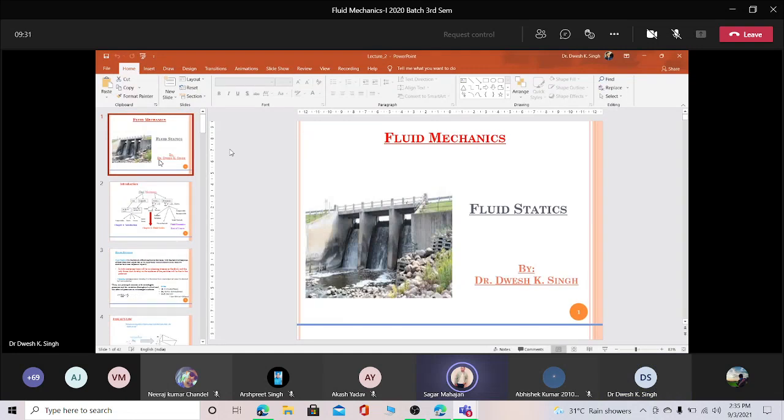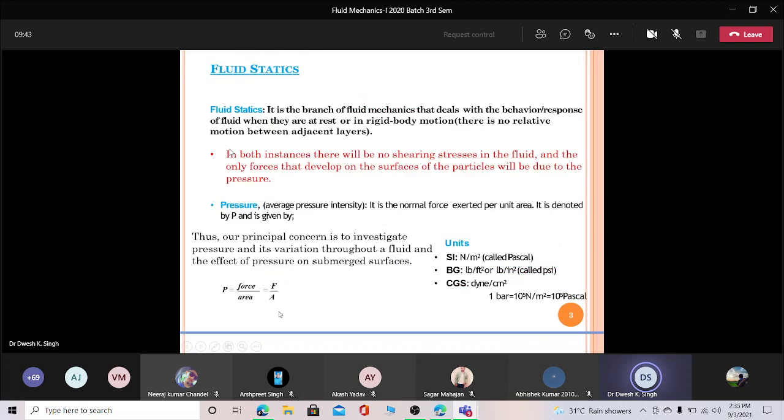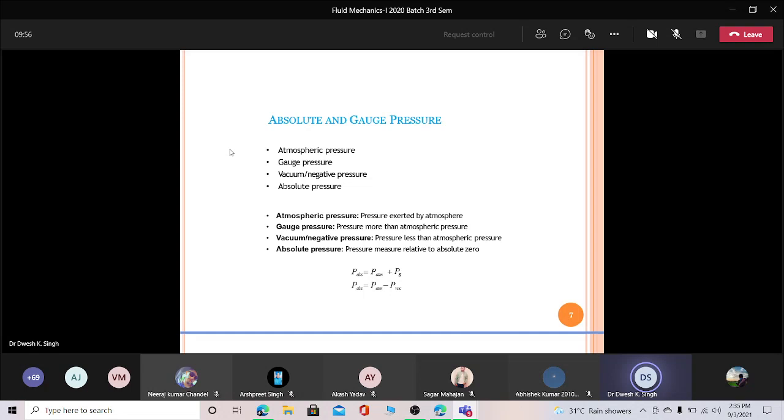Hydrostatic law. Yes. And so far in this, we have completed the basic concepts of fluid statics, and also we have discussed Pascal's law in the last lecture. We have also discussed the different forms, or different units, of pressure, like absolute, gauge, vacuum, and atmospheric.